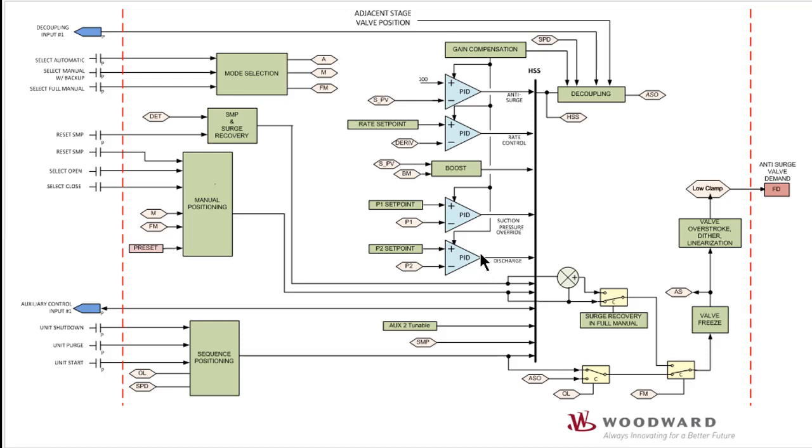The loop also consists of surge prevention routines, such as boost, and surge recovery routines, such as SMP. There is a manual positioning ramp which allows the operator to set the valve at a desired level. And there's a sequence positioning ramp which ramps the valve output to configurable positions during startup and shutdown.